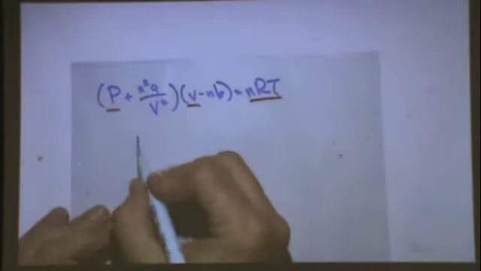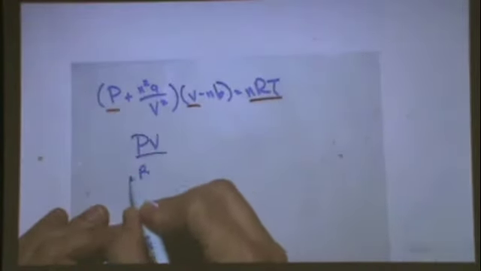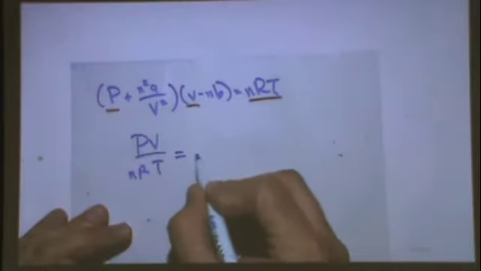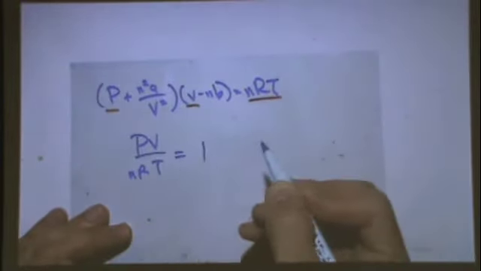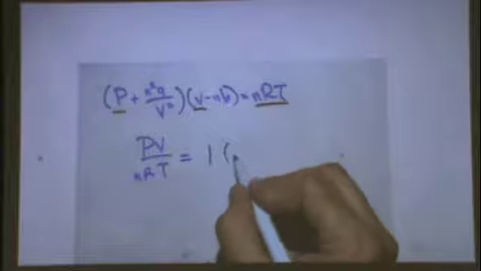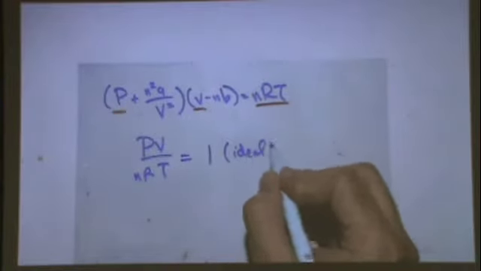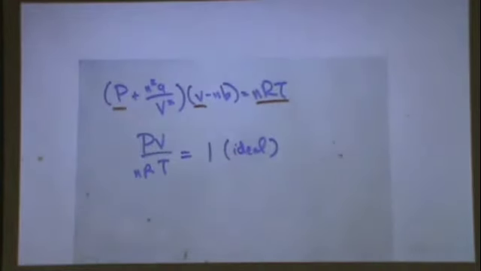And then the compressibility factor says that if you take the ideal gas law and divide through by nRT on both sides, you get 1 on the right if this is ideal. So it's an easy way to check if I have an ideal gas. If we give you P, V, n, and T, calculate this, and see if you get 1 or a number within 10% of 1.